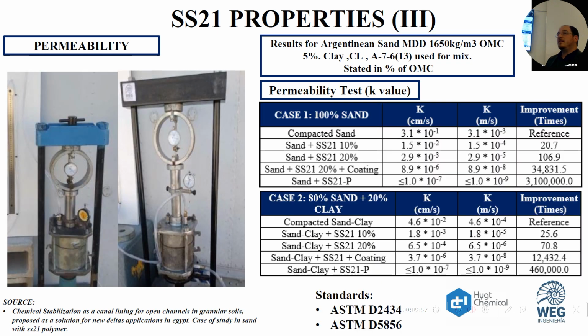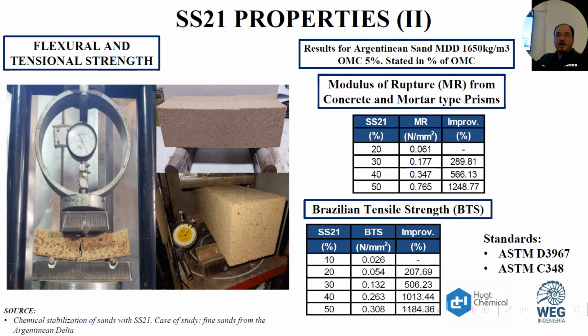And then the other key topic is permeability. For impermeability, all the tests done previously were in sand, like the sand you are seeing in this sample. It's a sand like a beach sand, kind of sand from Argentina.